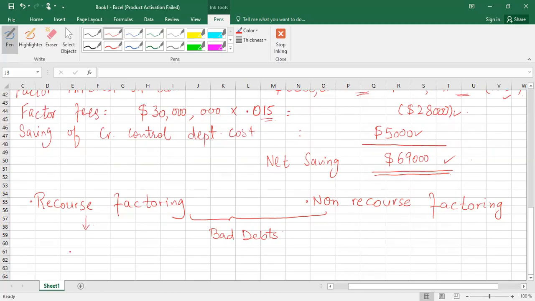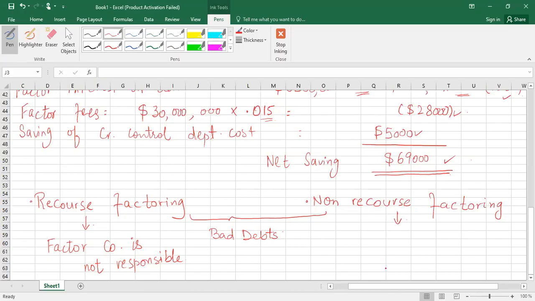Recourse factoring is the one where factor company is not responsible of bad debts. Factor company will not take the responsibility of the bad debts. You are responsible of your bad debts. If there will be any kind of bad debts, you have to take the responsibility.